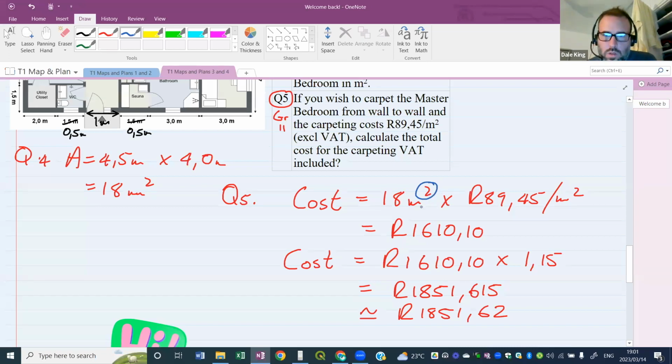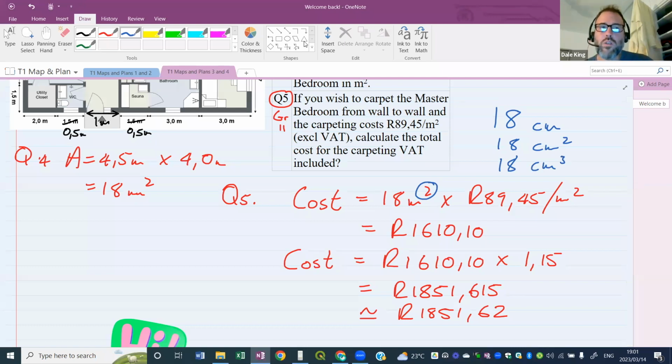That 2 belongs to the meters. For example, you could say 18 centimeters squared; the square doesn't belong to the 18, it belongs to the centimeters. You could also say 18 centimeters cubed. That 3 doesn't belong to the 18, it belongs to the units of centimeters. So I think that's where you made a mistake. Try it again without that square and see if you get the right answer.